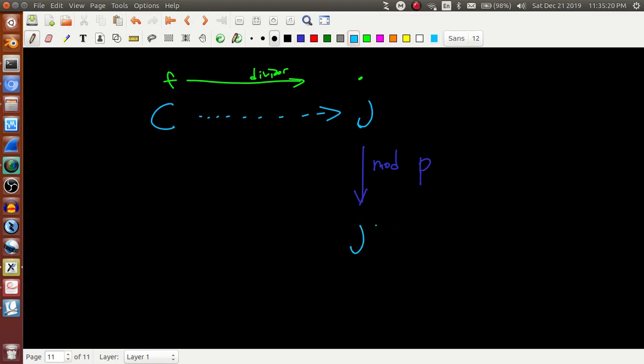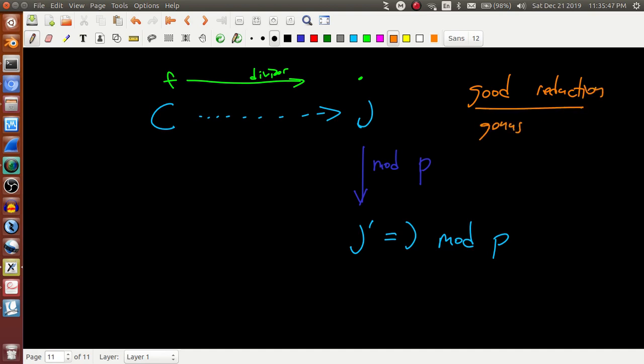And what they found was, J prime is J mod p, and there was an amazing relationship between the order of the group elements here and the order of the group elements you get down here. And the relationship only held if you had good reduction, and the most important criterion for good reduction is that the genus of the curve does not change. Genus does not change, or at least the genus of C does not change.